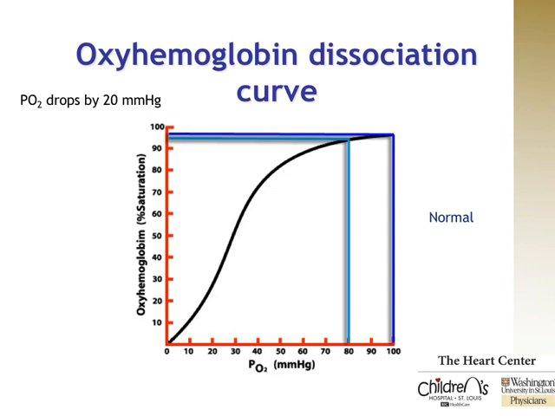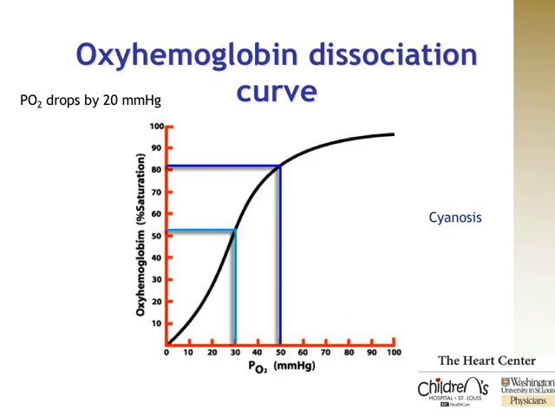And because you're up on the flat part of the oxyhemoglobin dissociation curve, it really doesn't impact oxygen saturation very much. On the other hand, if you're a patient whose baseline oxygen saturation is 80, that correlates with a PO2 of about 50. And the same 20 millimeter mercury drop in PO2 in this patient is going to result in a lot greater change in their oxygen saturation because they're living on the steeper part of the oxyhemoglobin dissociation curve.